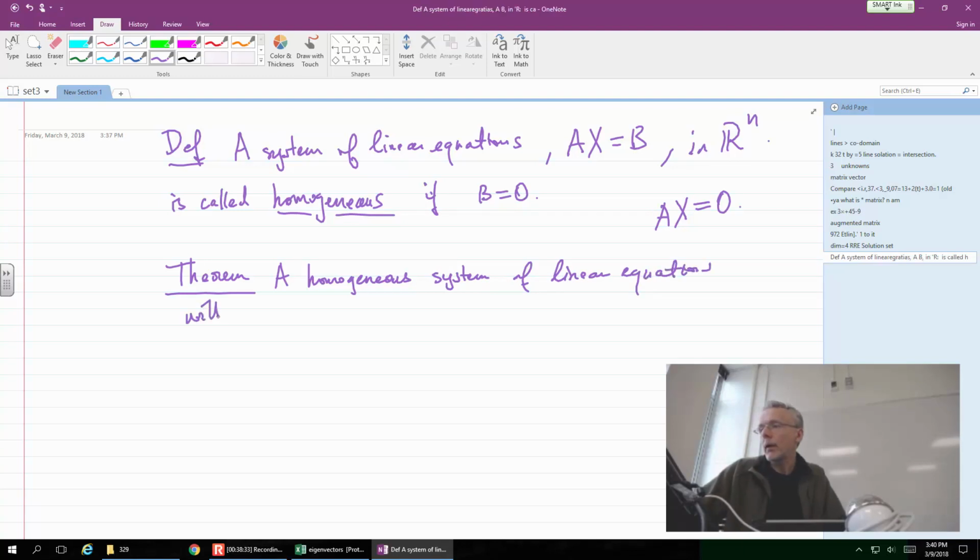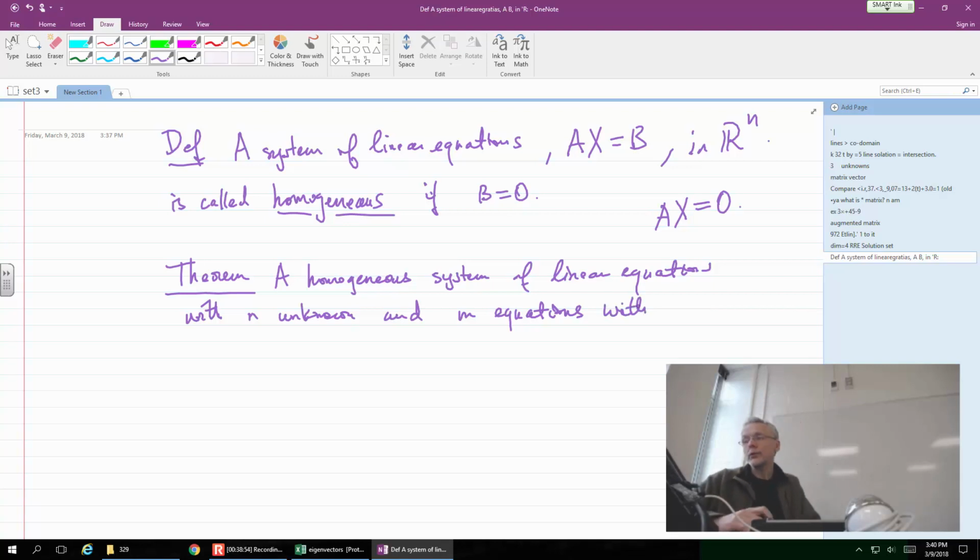with n unknowns and m equations. Now this is the crucial part: you realize that the relation between the number of equations and the number of variables is crucial, right?